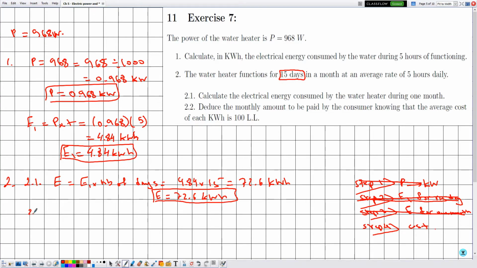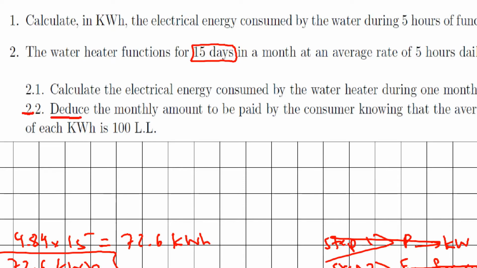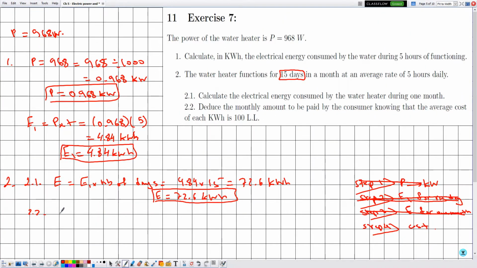And for 2.2, they are telling me to deduce, and by deduce it means that we notice the previous part, the monthly amount to be paid. We are being asked about the monthly cost. So the monthly cost is simply E times the price.